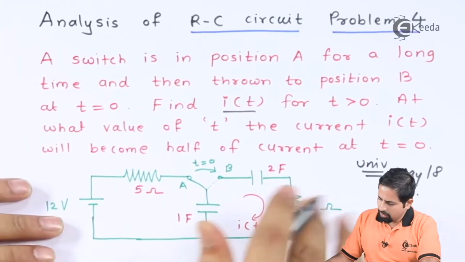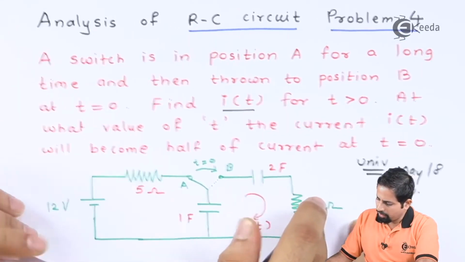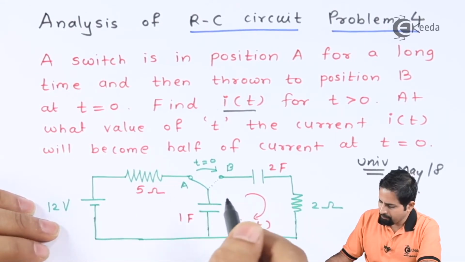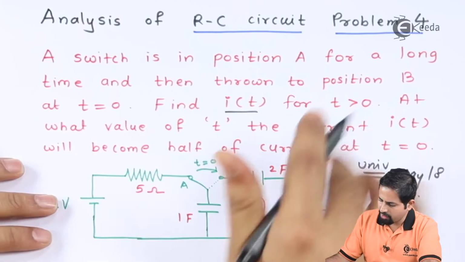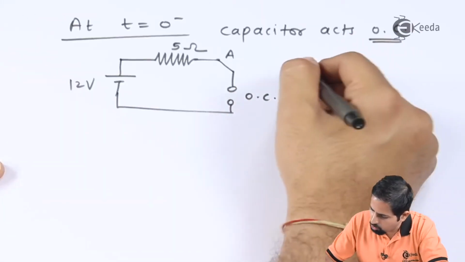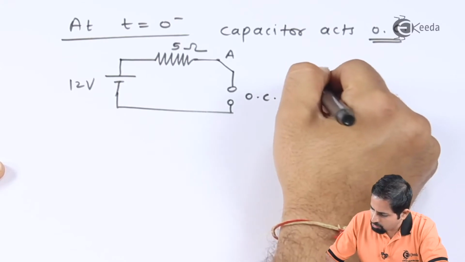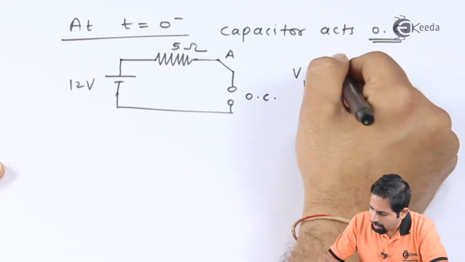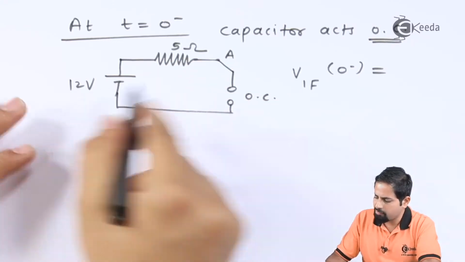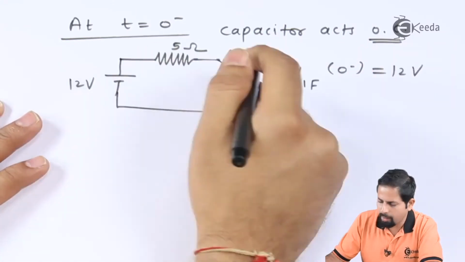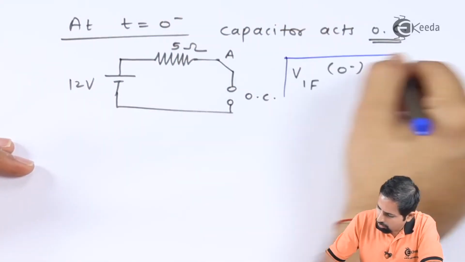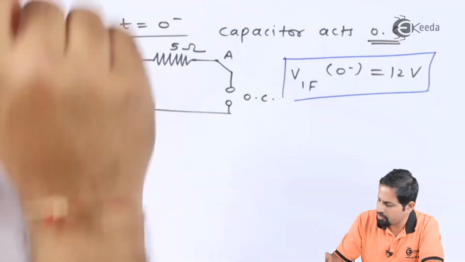I of t is here, but there is no question of I of t, as it is open circuit, current will be 0 in this circuit. What is the voltage across this capacitor? Voltage across the 1 farad capacitor at 0 minus is exactly 12 volt, because the capacitor will be getting charged. This is what happens at 0 minus.